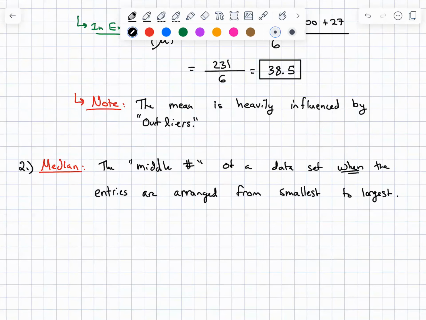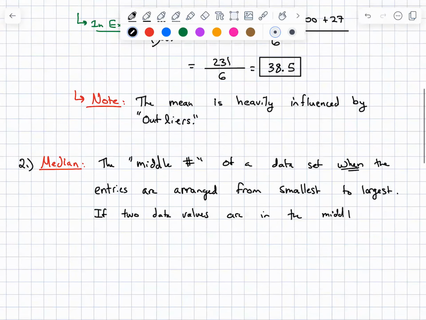So if two data values are in the middle, then we add them and divide by 2 to get the median.